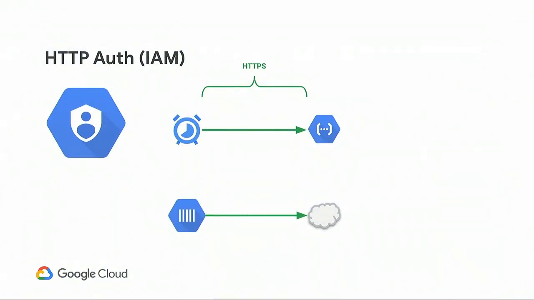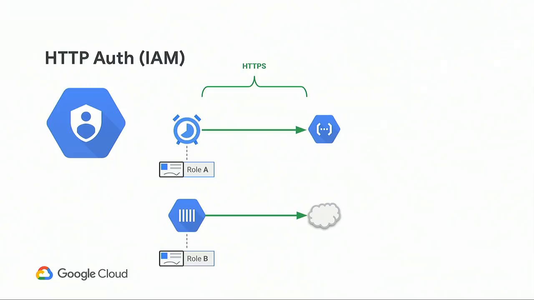So let's say you're executing a Cloud function or you're executing some arbitrary HTTP endpoint that's out there on the internet. Well, you can associate, in the same way you associate an identity to a Cloud function that we described earlier, an identity to the resource that is sending you these requests. So your Cloud Scheduler job or your Cloud Tasks queue will have an identity.